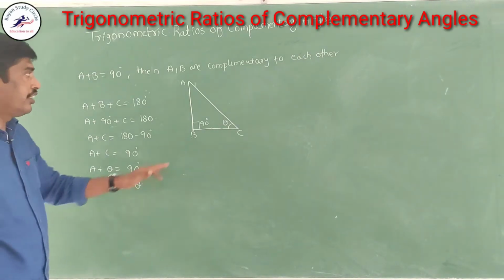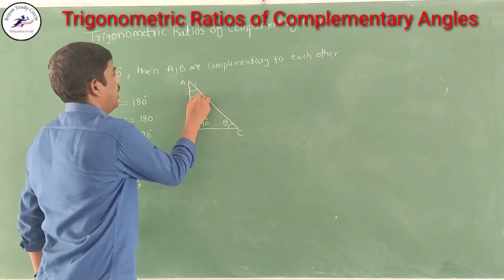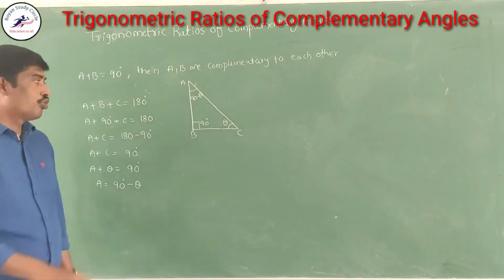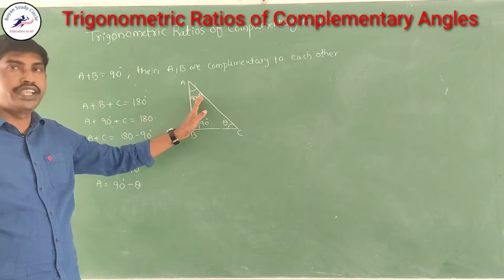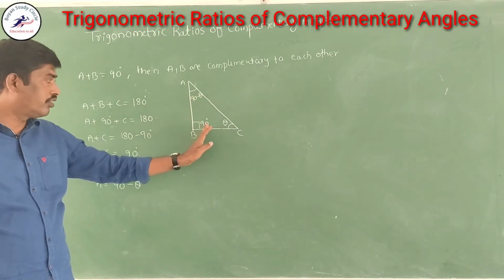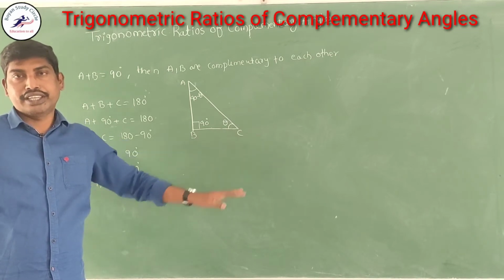So, angle A is equal to 90 minus theta. So, here we know all the angles. Angle A is equal to 90 minus theta, angle B is equal to 90 degrees and angle C is equal to theta degrees. Okay.